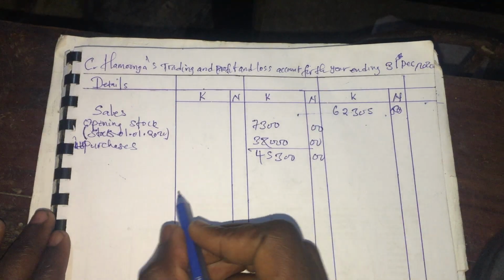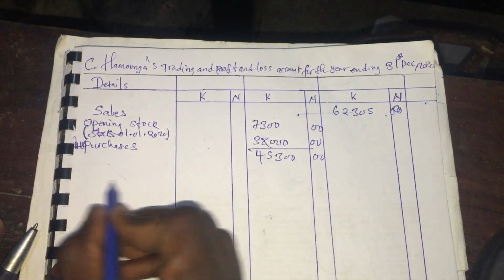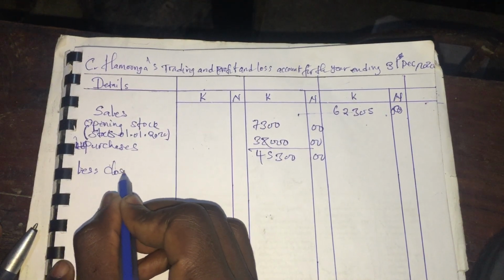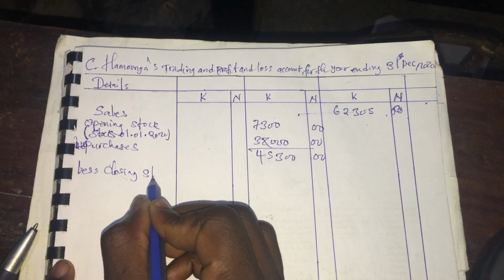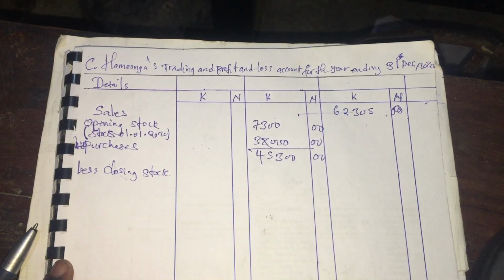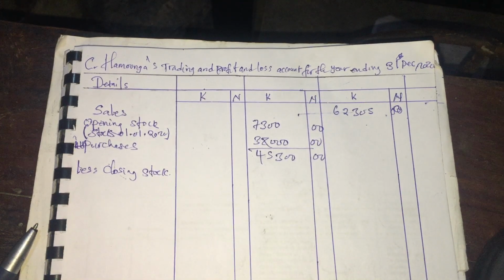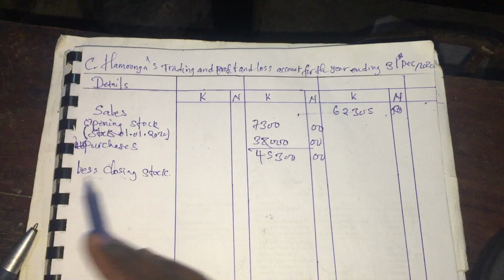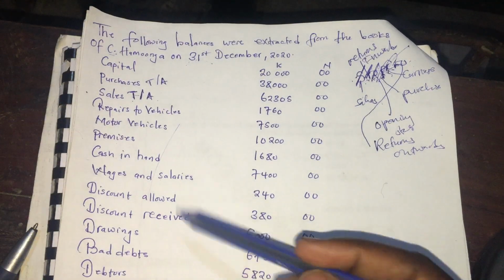Remember, with closing stock we subtract, so we are going to write "less closing stock". Check the introductory video, where I explained very well the introduction to the trading account and the profit and loss account. Less simply means you are subtracting.